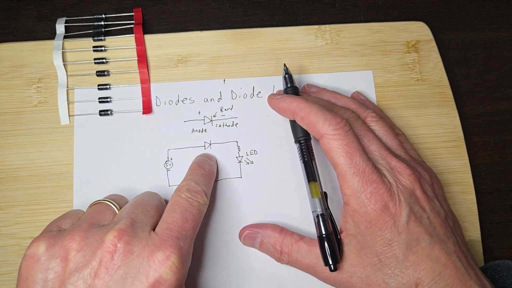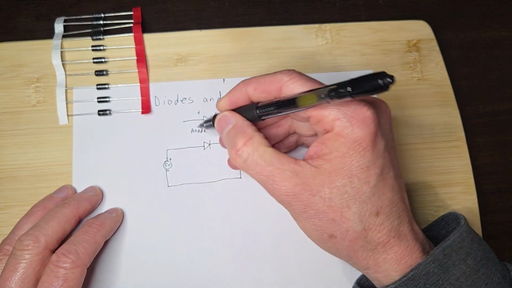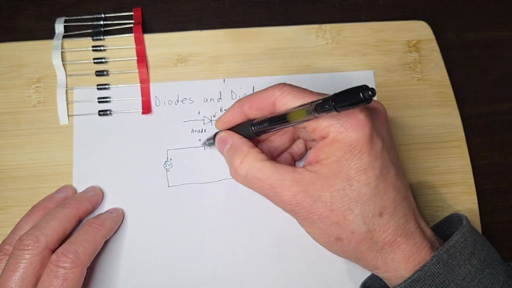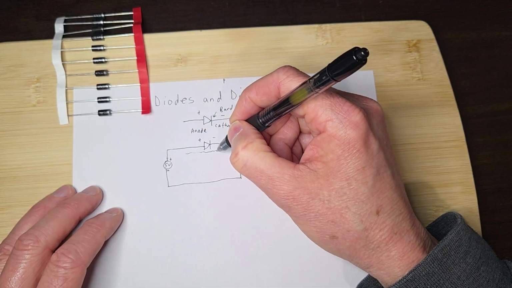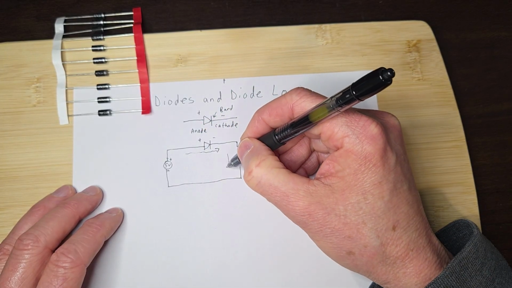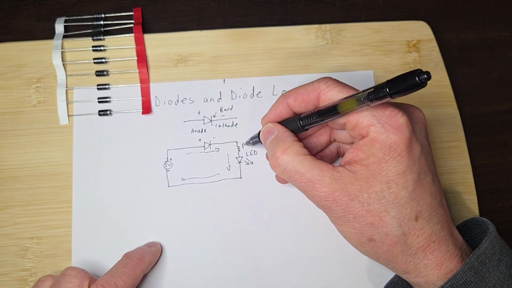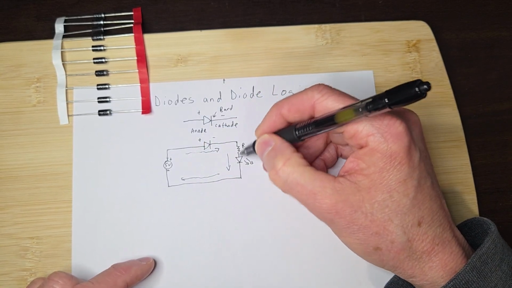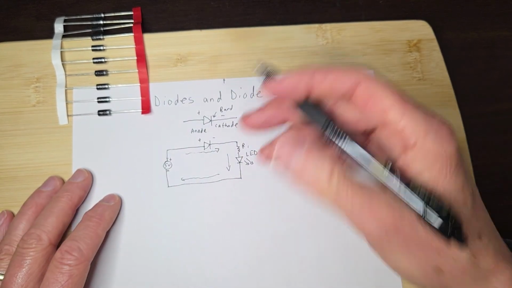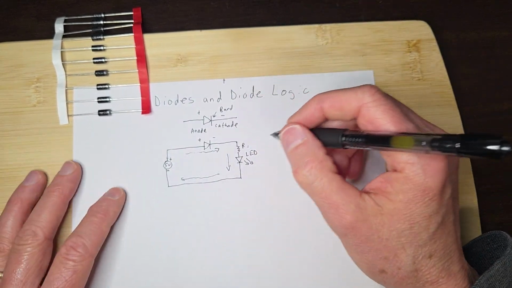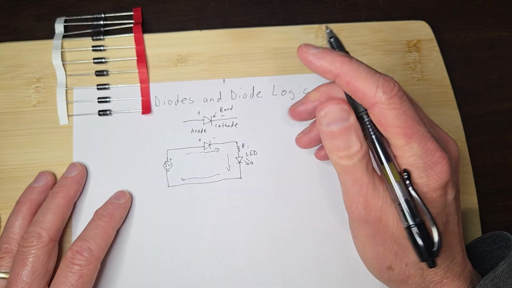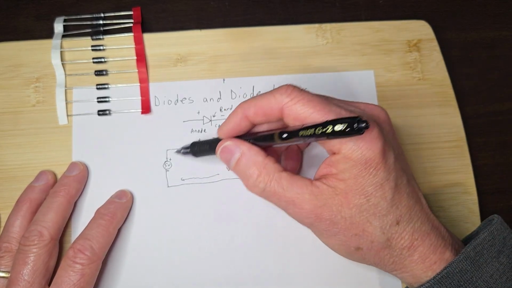This one is set up forward biased, so it'll allow current to flow and light up the LED. Notice we have a resistor R1 protecting this LED, as discussed in the previous videos. So this should light up.